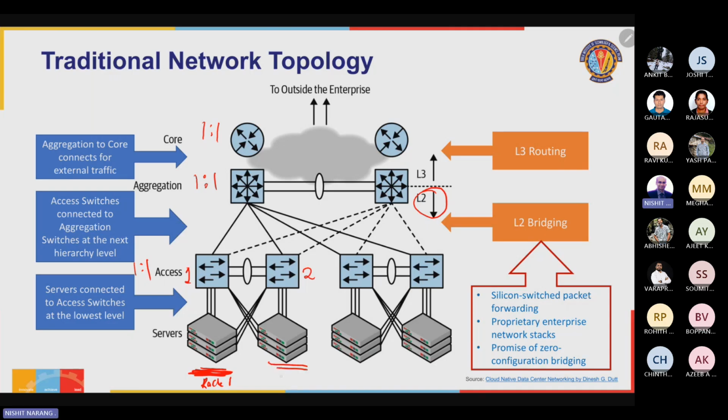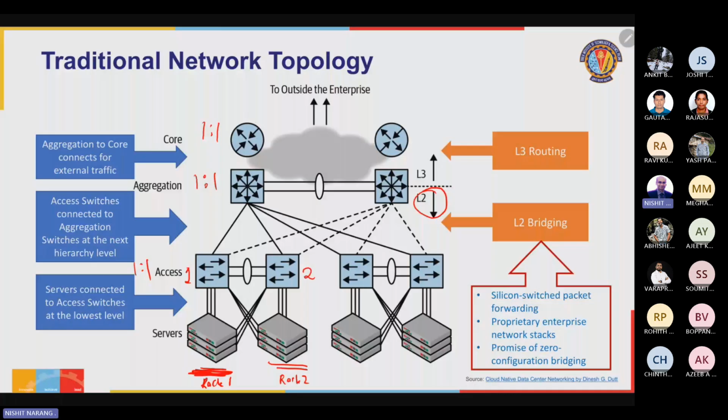Similarly, look at the physical servers of rack 2. They're also connected to both access switches via a pair of communication links from each server towards the switch. So we have communication link redundancy. We have network redundancy in the form of access switches. Any single point failure will not cause the network to go down.